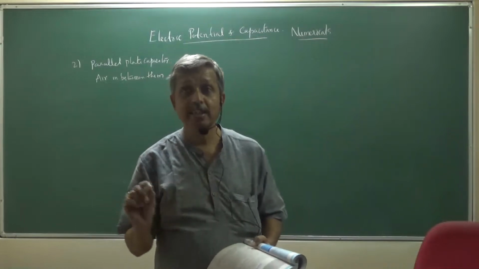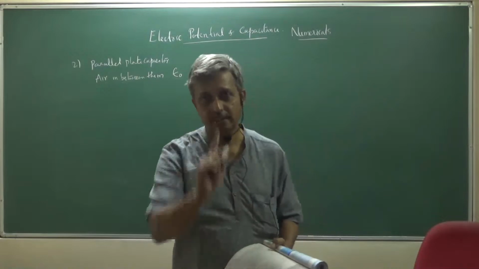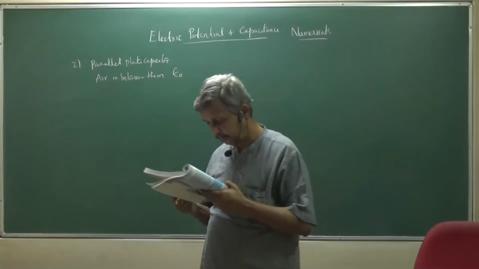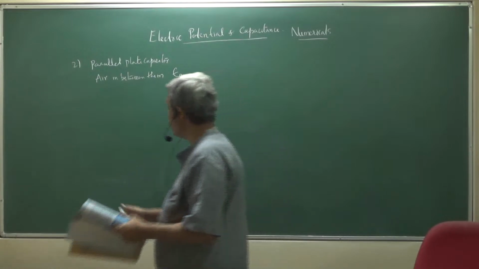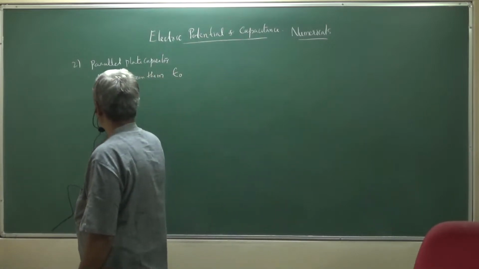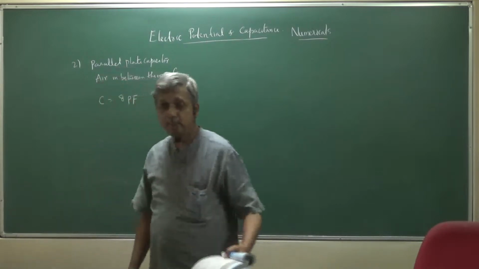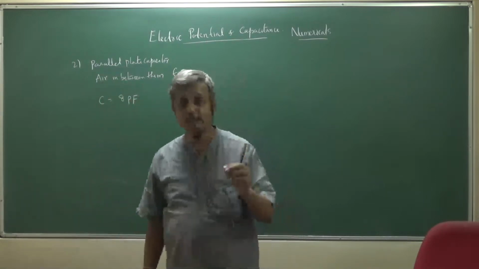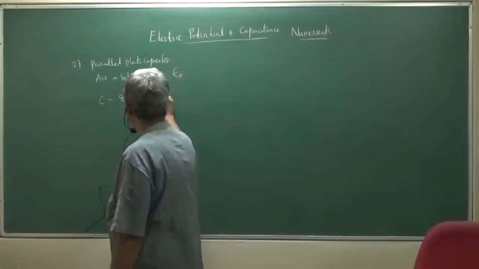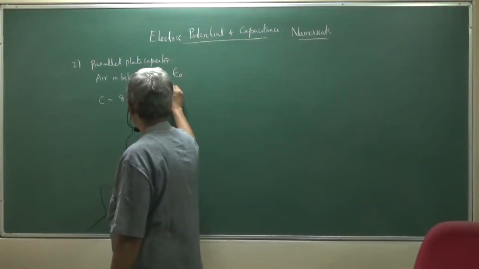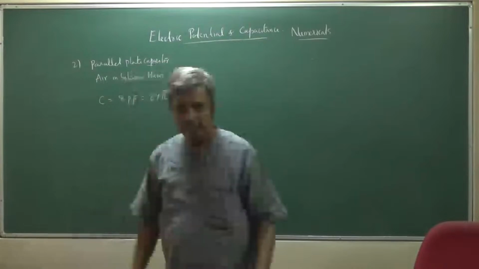For air, the dielectric constant is considered 1. The capacitance value they have given is 8 picofarad. You should know the meaning of pico: pico is 10 to the power of minus 12. So 8 into 10 to the power of minus 12 farad. That is the picofarad.